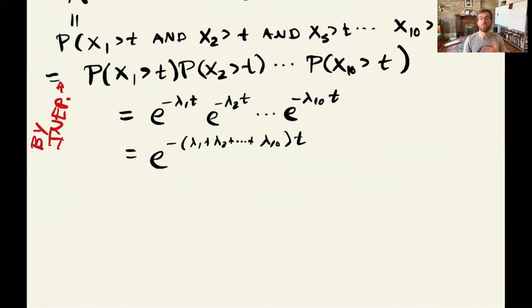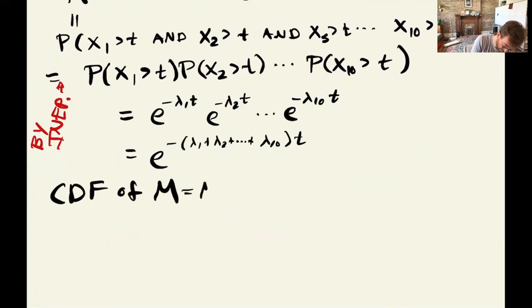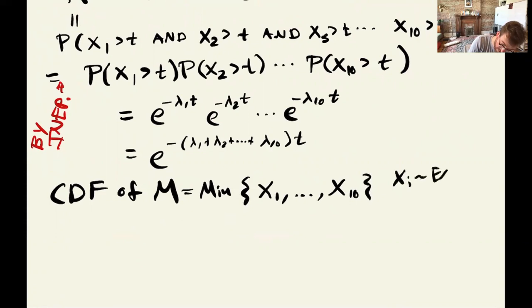And so consequently, the CDF of M, which equals the min of x1 through x10, where each xi is distributed according to some exponential with parameter lambda i, is going to be 1 minus this thing.